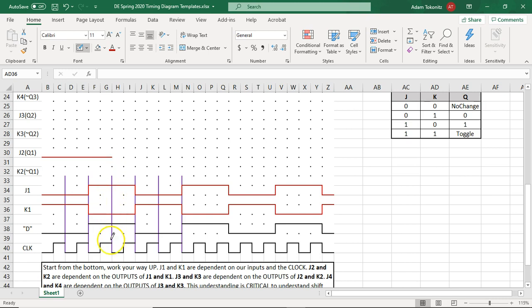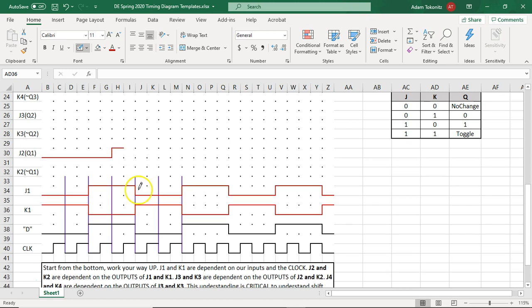Now, at this vertical purple line, at this next negative trigger of my clock, going from high to low, J is 1 and K is 0. Because J is 1 and K is 0, Q becomes 1. So Q1 becomes 1. Okay, let's do that up until the next purple line, which is right here. Well, J1 is still 1 here.